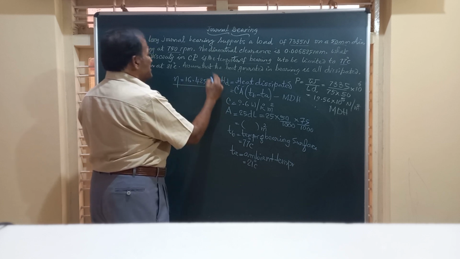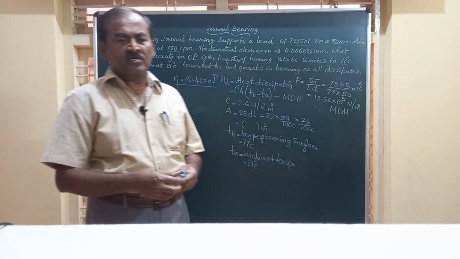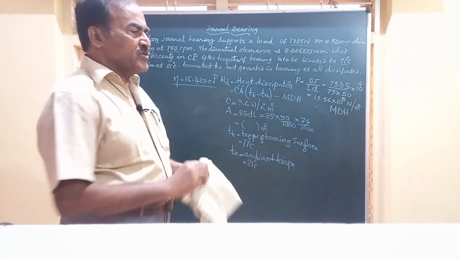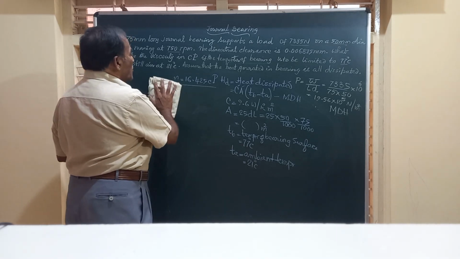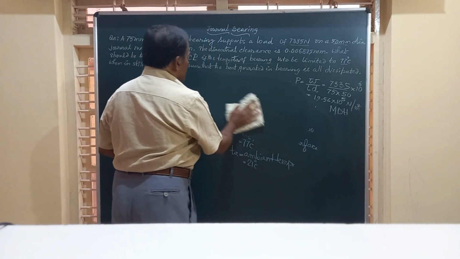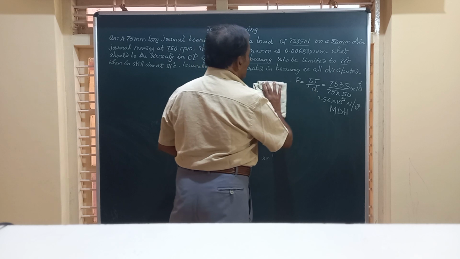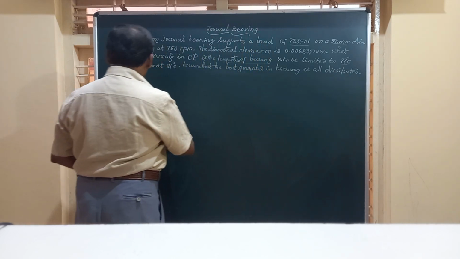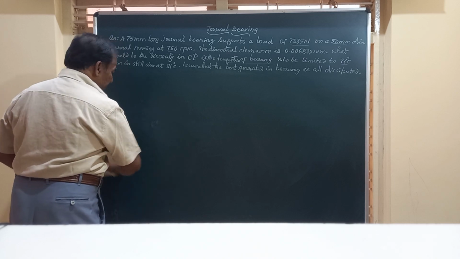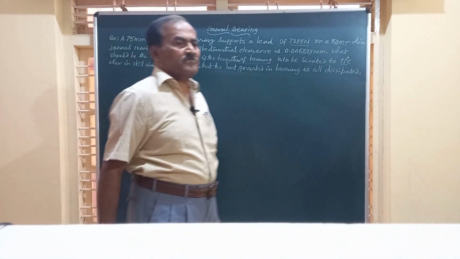This is the answer for this question. Friends, remember, you can find out the value of the viscosity only when the condition holds that the heat generated in the bearing is totally removed or dissipated from the system.